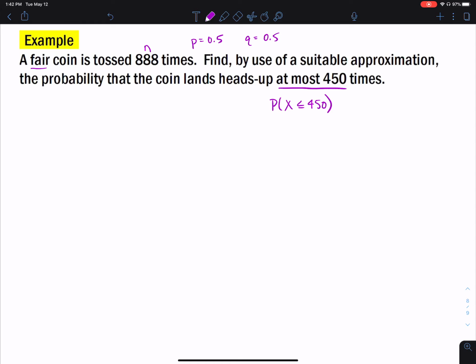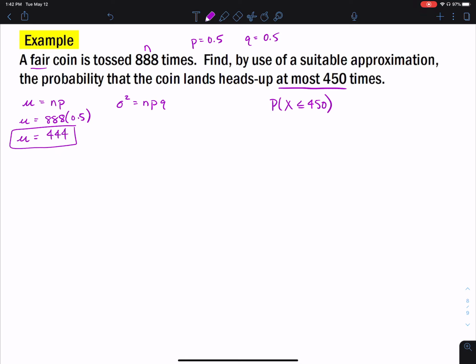To do our approximation, we start with finding the mean, which is mu equals n times p, and finding our variance, which is n times p times q. We've already identified all of these values, so just plug them in. You should get a mean of 444.